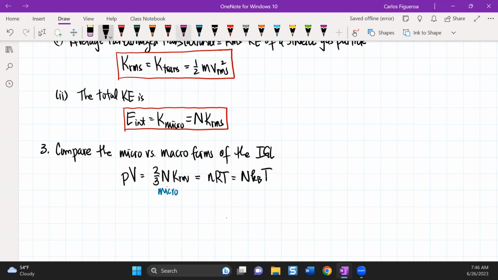And what you're seeing here is that this here is per mole, and this is the macroscopic, and then this guy is per particle. And if it's per particle here, this has to be the microscopic version as well.